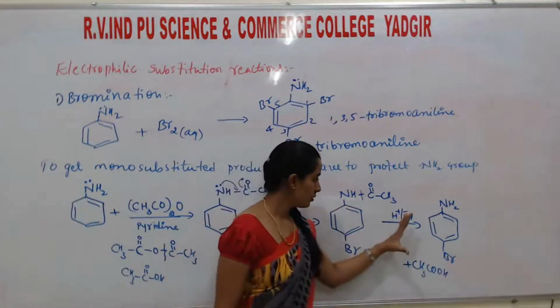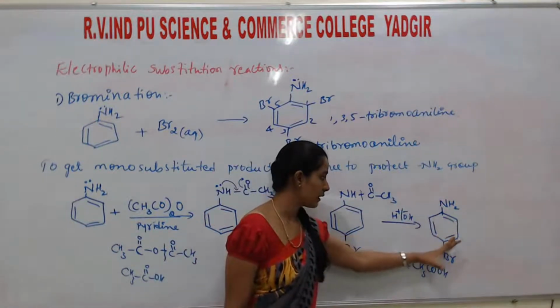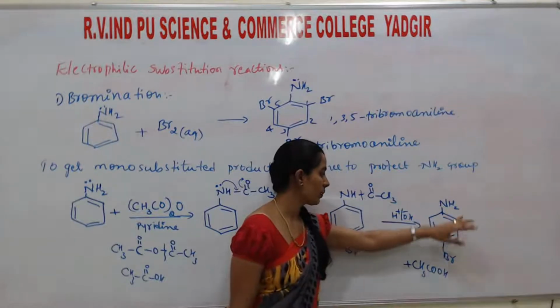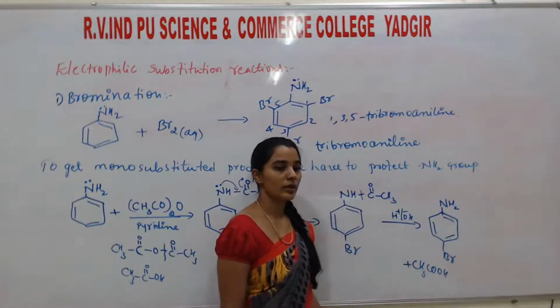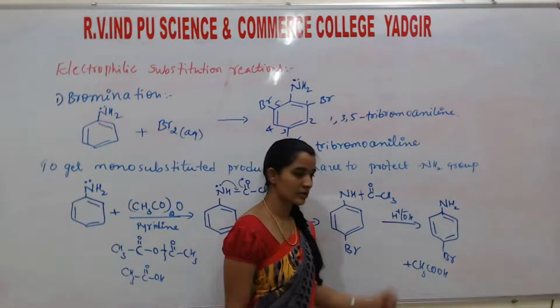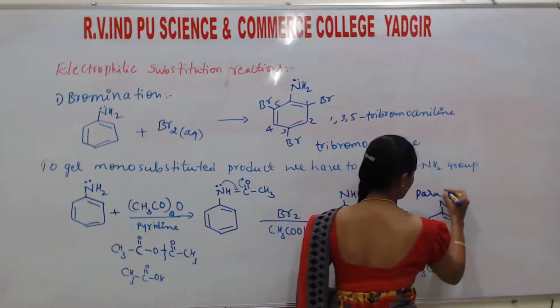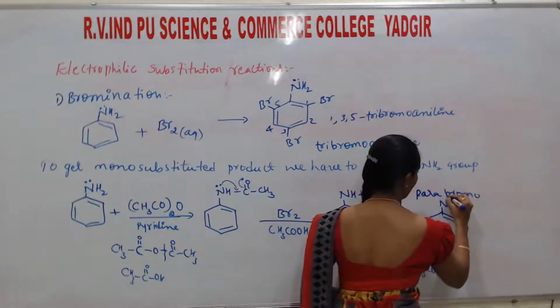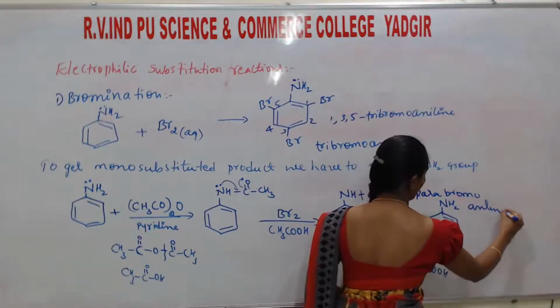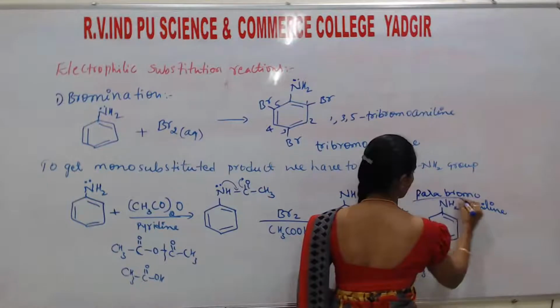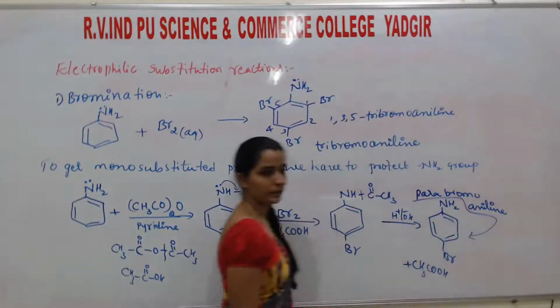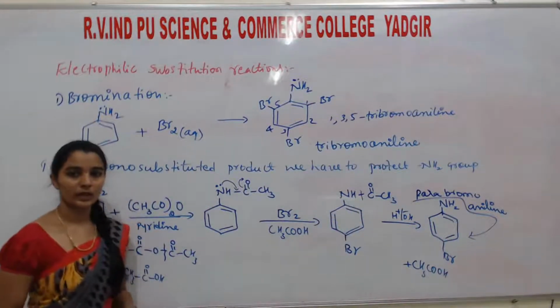Understand? So followed by hydrolysis, again it will regain its functional group NH2 along with the liberation or formation of the product CH3COOH. So this is called para bromoaniline. So this is the product we got. Understand?